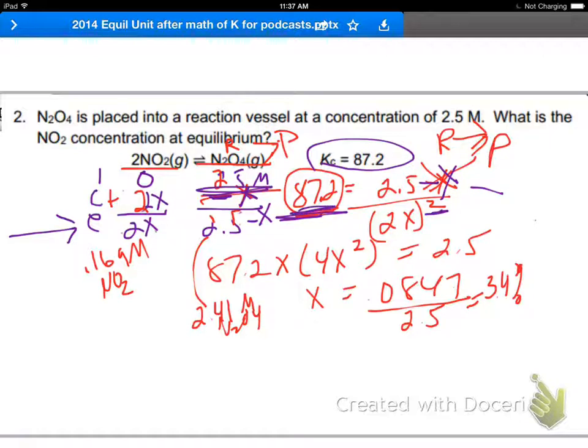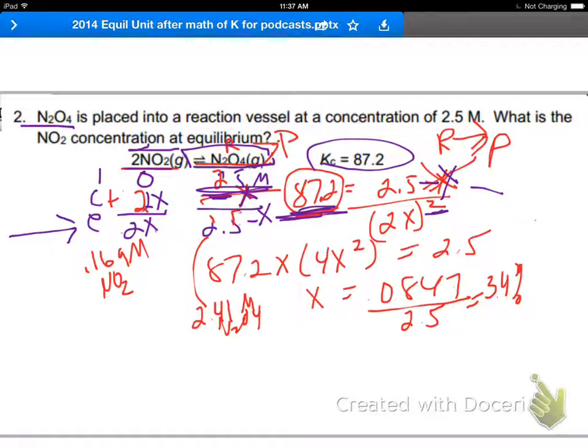It's not insignificant, but we've got to think about this in reverse. Because what I'm doing is I'm putting N2O4 into the reaction vessel. It sounds like I'm putting a reactant in, and that's really essentially what I'm doing. This is written as a product here, but in fact what is happening is this product is becoming 2NO2, right?